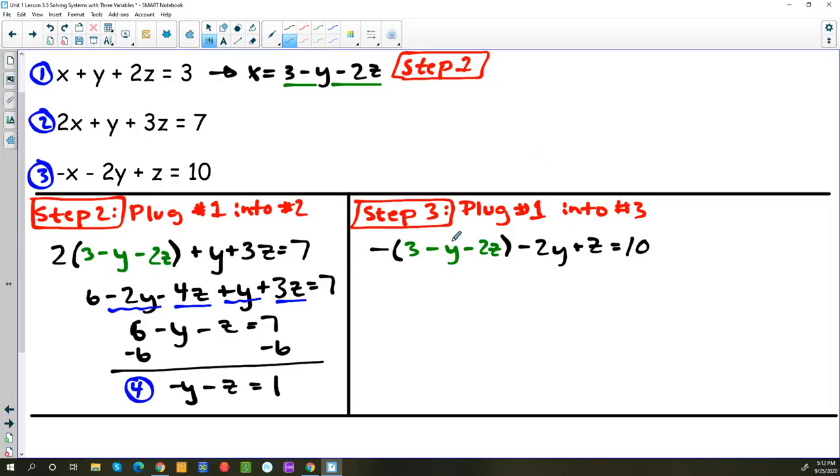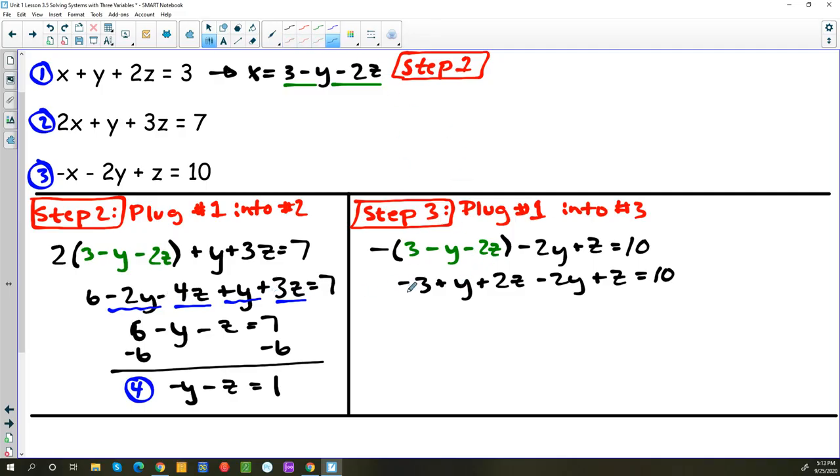We're going to distribute the negative. So we're going to get negative 3 plus y plus 2z minus 2y plus z is equal to 10. Again, we're at the same point. We're going to combine like terms like we did in step number 2.